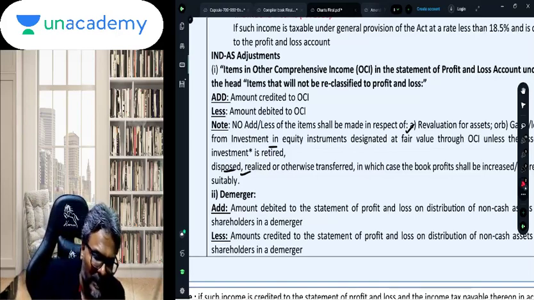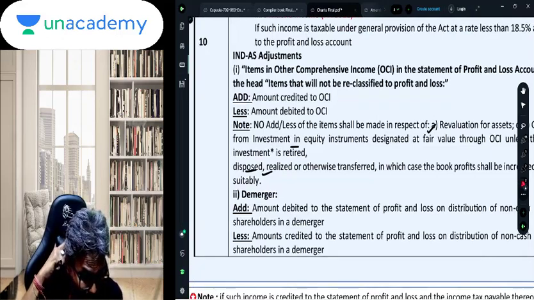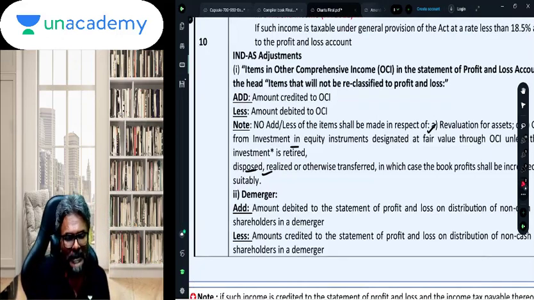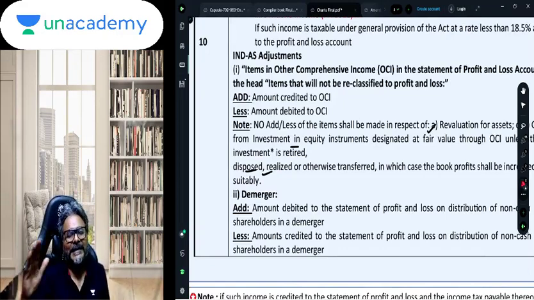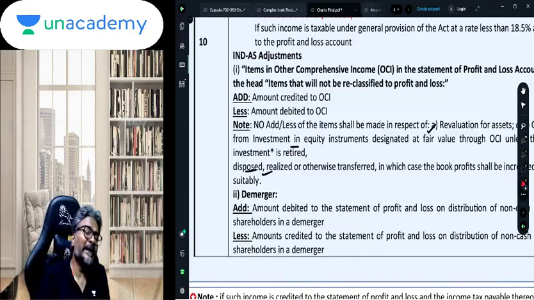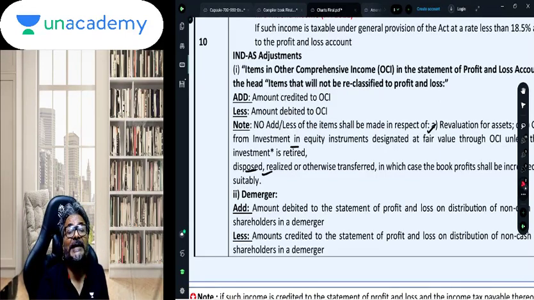And which are the items that we are talking about, students? Let's have a look. The item is about the case where the assets which are revalued as per the Ind AS, if at all there is any corresponding credit or debit, then the same will not be captured in your book profit, meaning thereby you are supposed to ignore them.